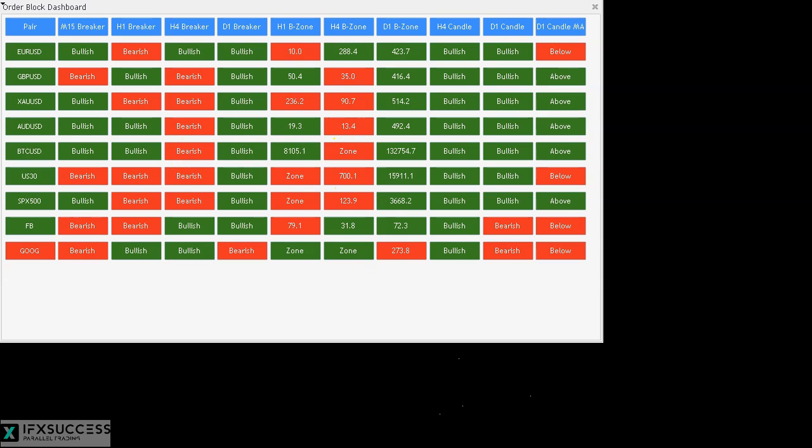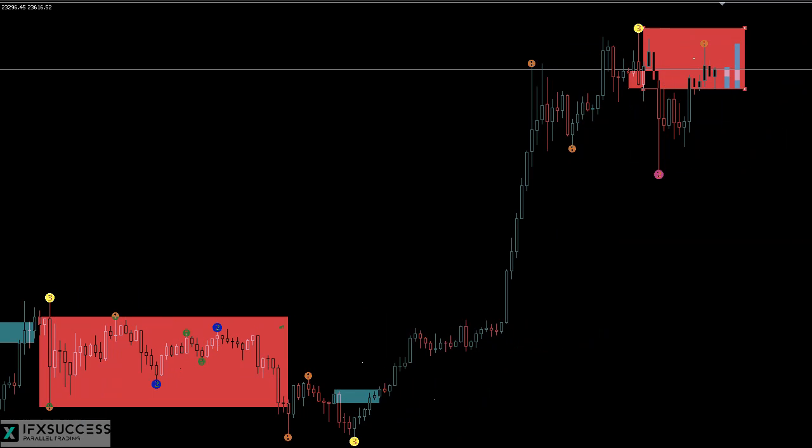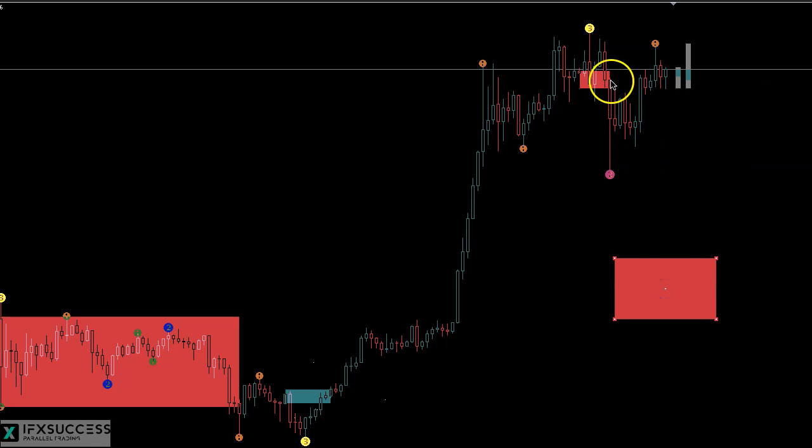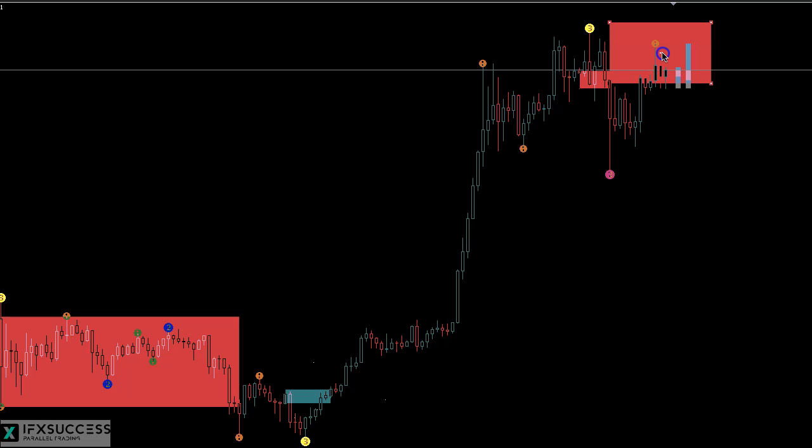So let's just take a look at Bitcoin for a second, just to see what the zone is and stuff like that. I actually highlighted it already, so this is a breaker, meaning to the downside. The price is right now in the zone, which is pretty much from the breaker to the high of this candle. This is considered a selling zone, right?